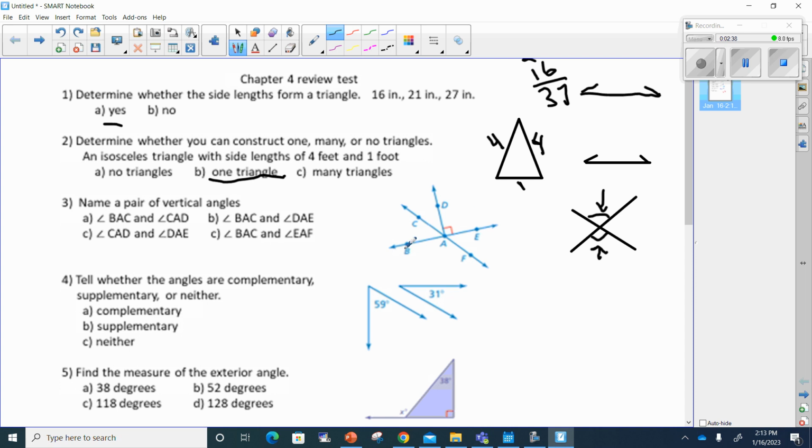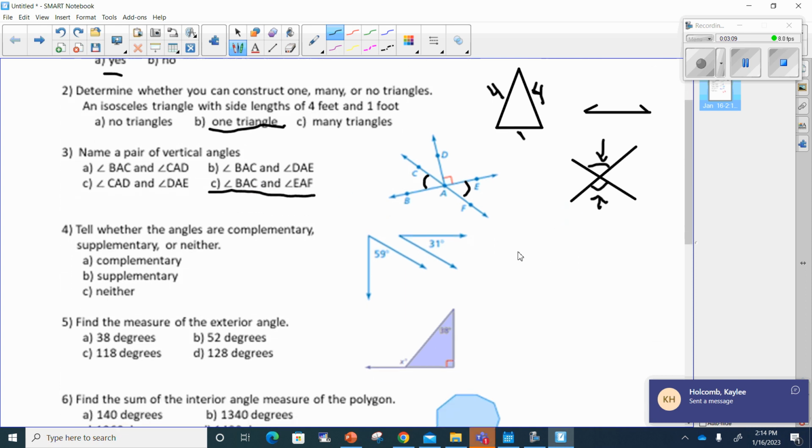I'm going to say that this angle and this angle are vertical because we have two lines that are crossing each other, and that would be BAC, and I see there's a BAC here, here, and here, not here, and then EAF, and let's see, BAC, that's CAD, that's DAE, no, that wouldn't work, and EAF, there we go. So C would have to be the right answer there.